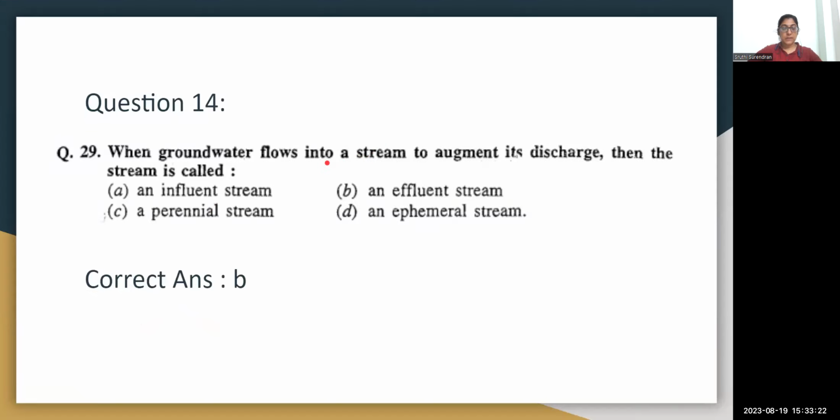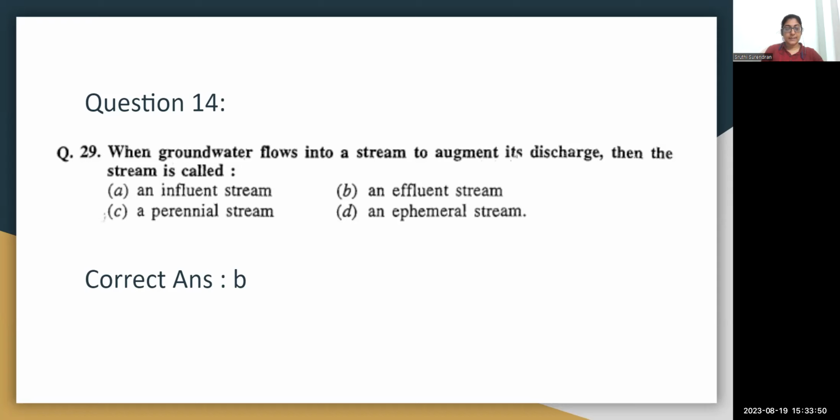We learned about an influent stream, where the stream is providing water to groundwater. In an effluent stream, the groundwater is providing water to the stream. A perennial stream is present all over the year, irrespective of the wet or dry season. And an ephemeral stream is a stream that appears only after a precipitation event for a few days, generally less than 30 days.